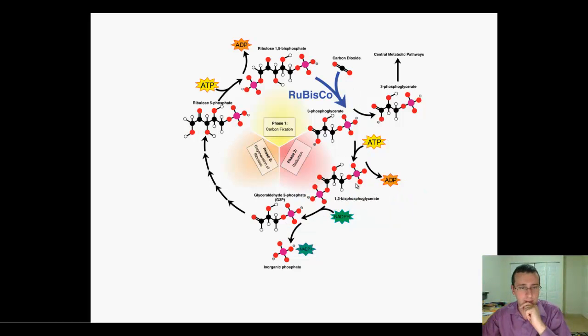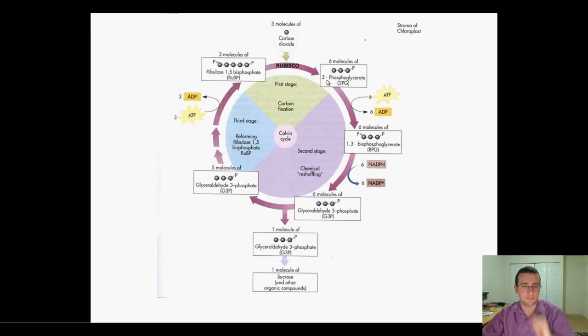Now, in the second picture here, I actually have this summarized for you. It will take 3 carbon molecules to connect with 3 Rubiscos to make 6 molecules of 3PG, which will make, after ATP, 3 of those BPG molecules, which get changed again into G3P molecules.